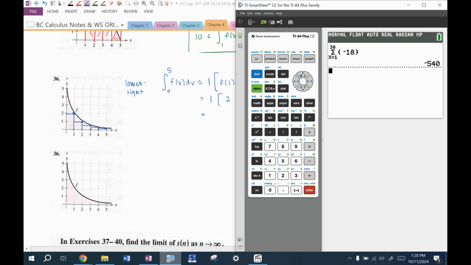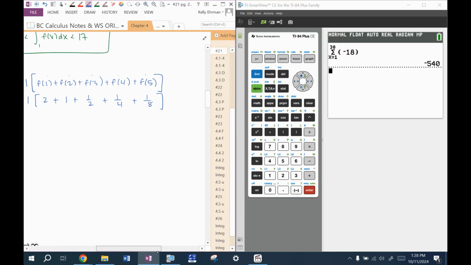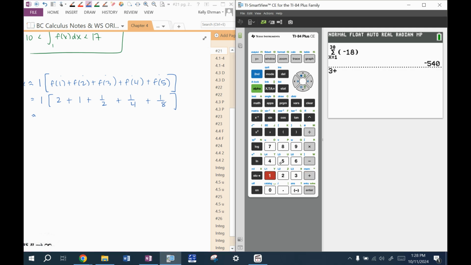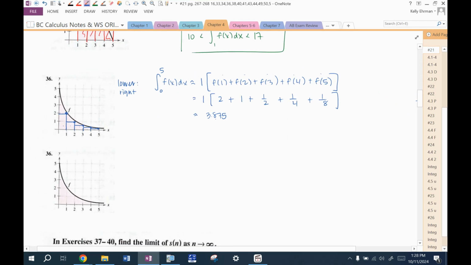Actually, I think I did this both by hand and with a calculator. So just to speed things up for the video, and because these problems are normally calculator problems, 3.875. When we're bounding areas, it's also nice to see the decimal version to really see if you are falling between values or not, or if you made a mistake somewhere.